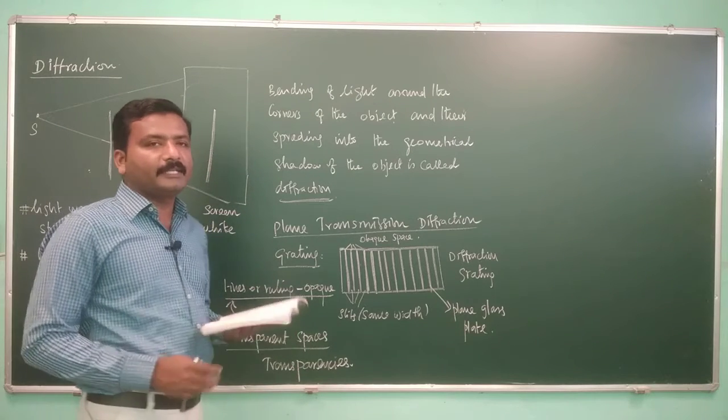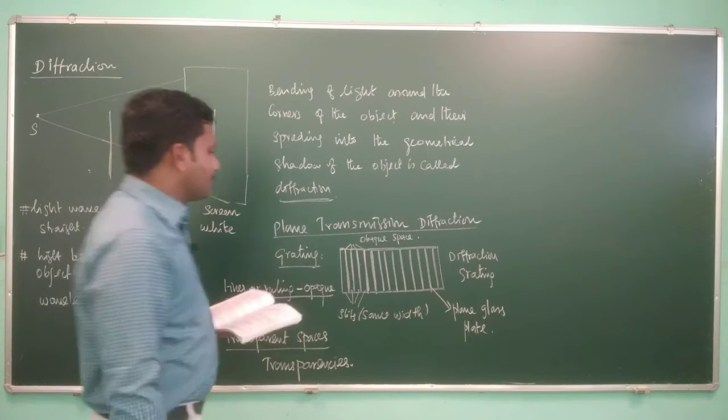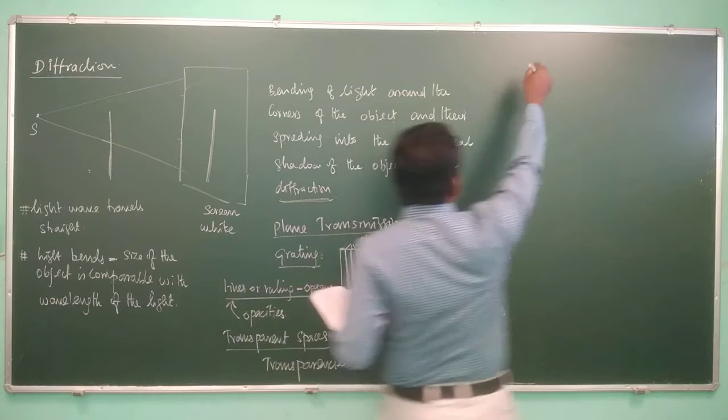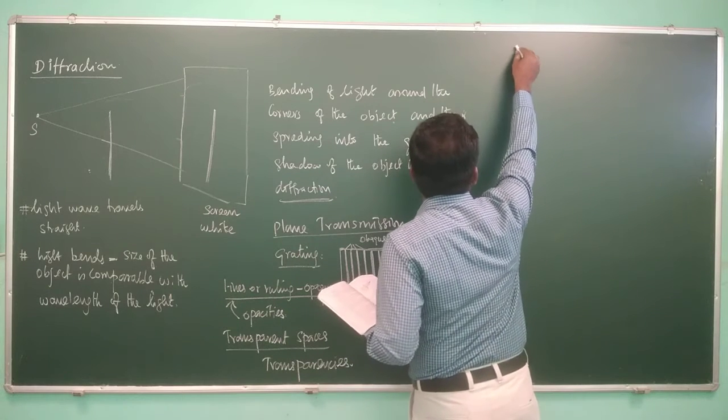Fine. Now let's apply the concept of diffraction in this plane transmission grating and obtain the equation for maximum intensity of light on the other side. For that, let us draw the diffraction grating like this.